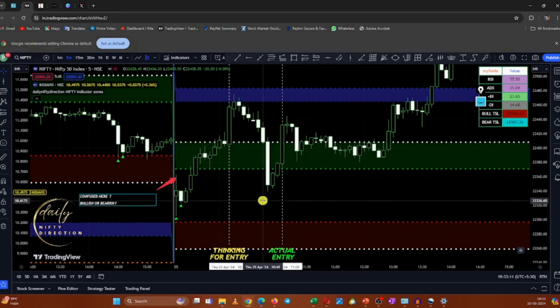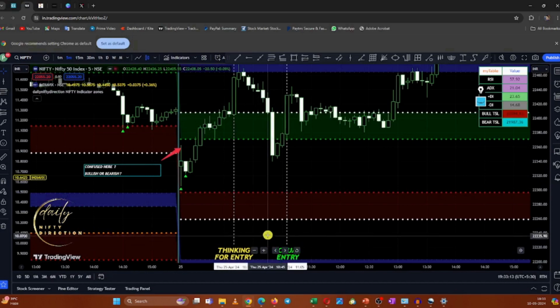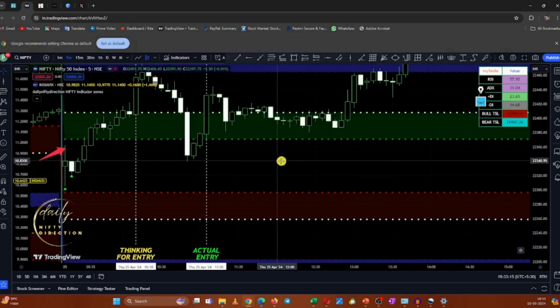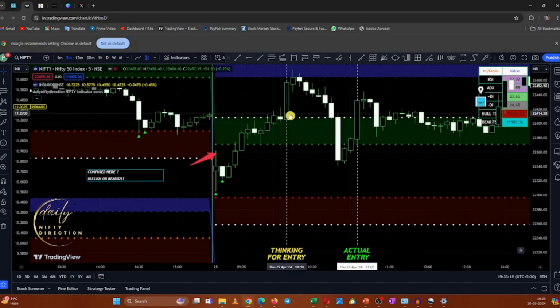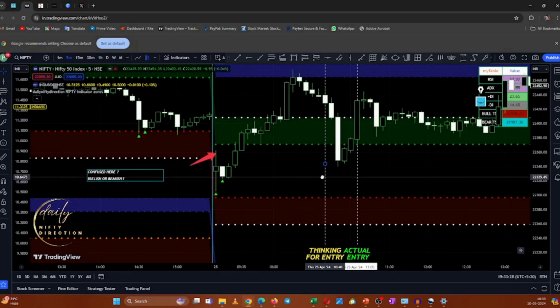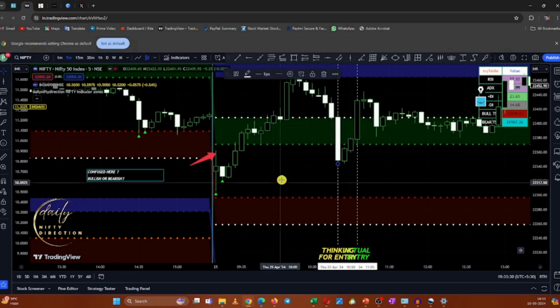First you were thinking of entry after this candle, but suddenly a big volume candle broke your zone again.